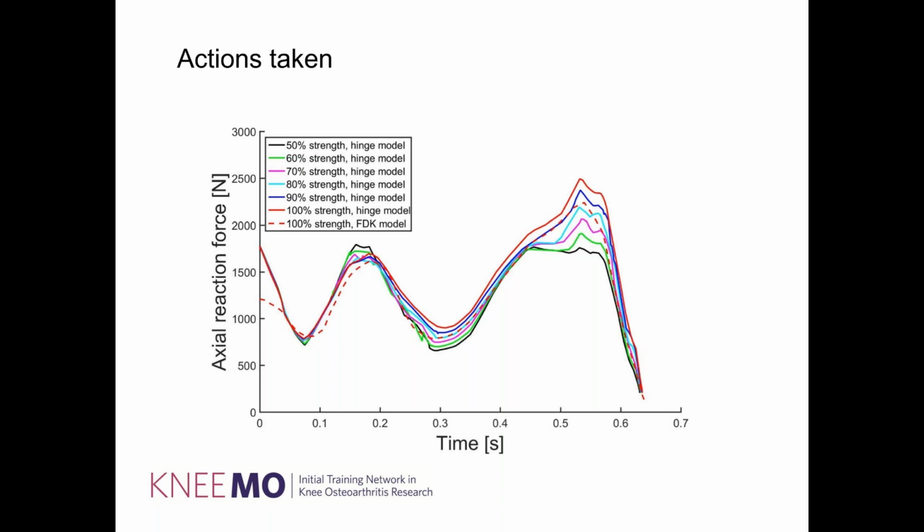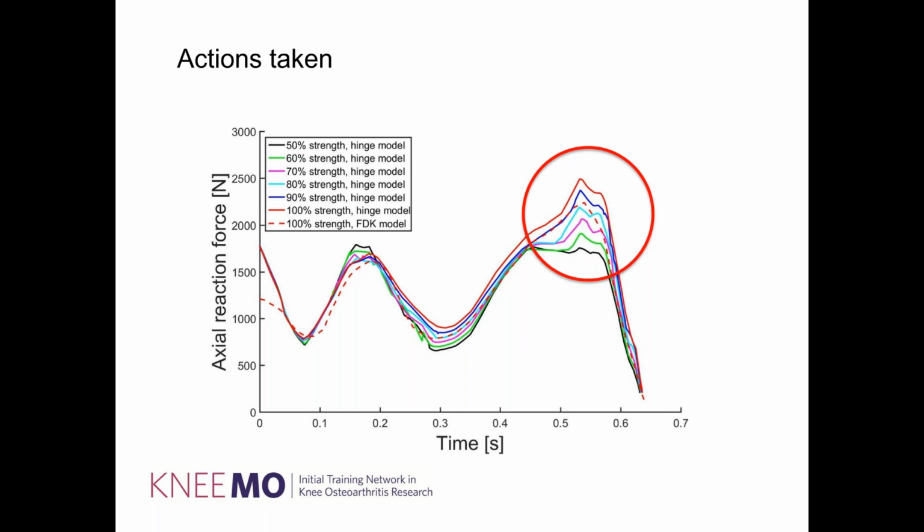But with the hinge joint, it's relatively simple. And what we also saw here was that the peak was significantly decreased when we dropped the extensor strength. So these two were clearly contributing to the high stresses in the cartilage surface.